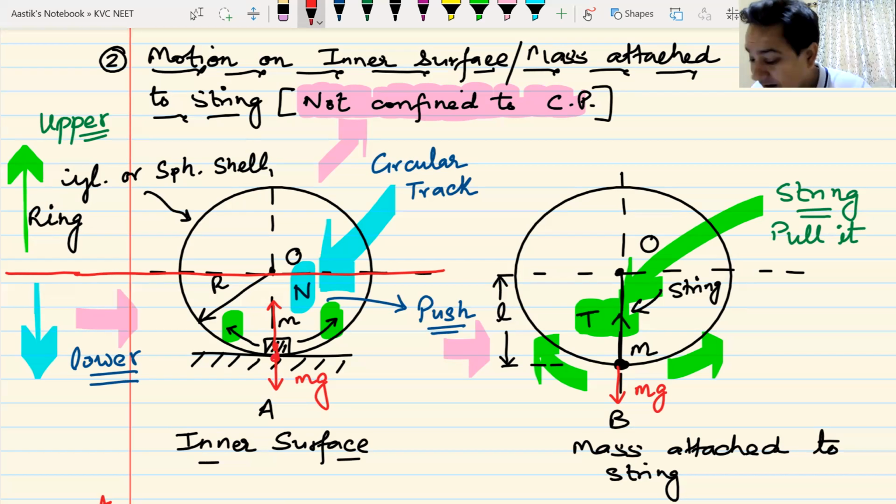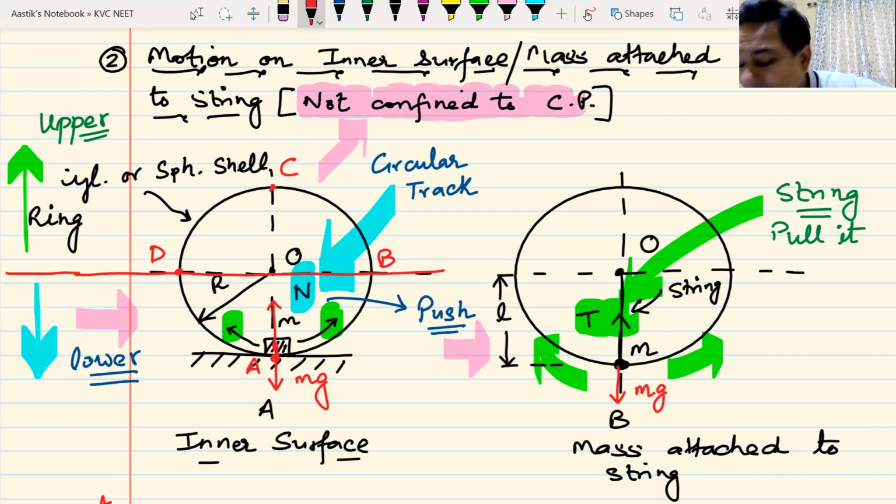Let me name them: A, the lowest point; B, the right-hand side center point; C, the topmost point; D, the left-hand side point, and again back to A, the bottom point. I hope everything looks similar. I will be putting more points here as the class progresses. By the end of the next class, you might have more points coming here. But let us now concentrate on this A, B, C, D.